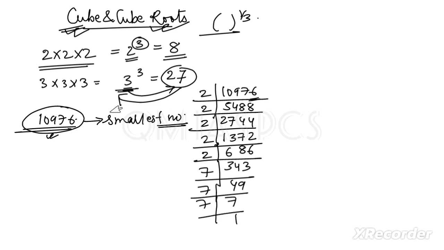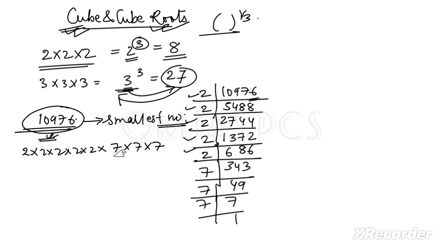So when you write it in place of this, how many 2's are there? 5. So it will be 2 2 2 2 and 2, and how many 7s are there? 3, 7 multiplied by 7 multiplied by 7. We have to make groups of 3, because here we have to find the cube; a perfect cube we have to make.